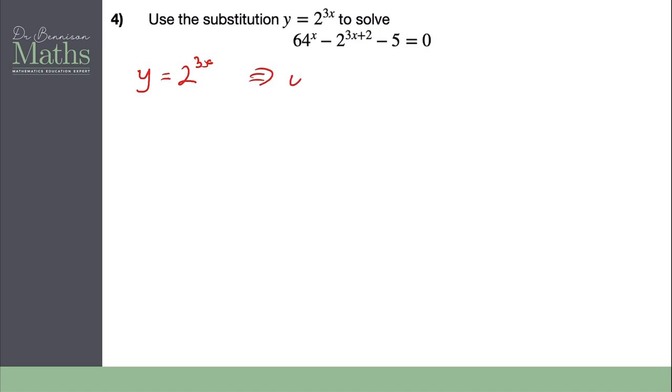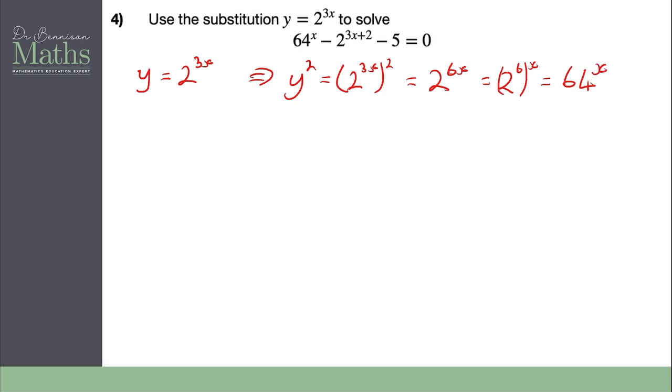Well, y squared is going to be 2 to the 3x all squared, but that's the same as 2 to the 6x, which again we can write as 2 to the power 6 all to the x, which is 64 to the x. So it's looking like we're probably on the right track.